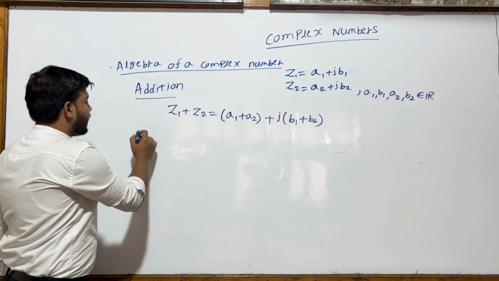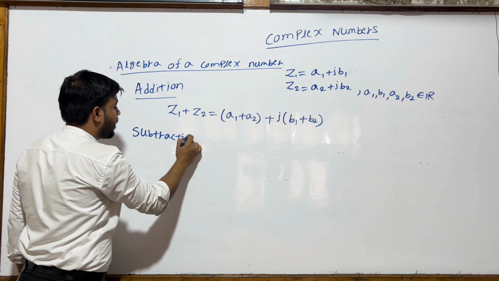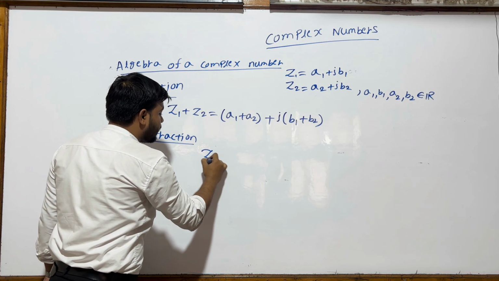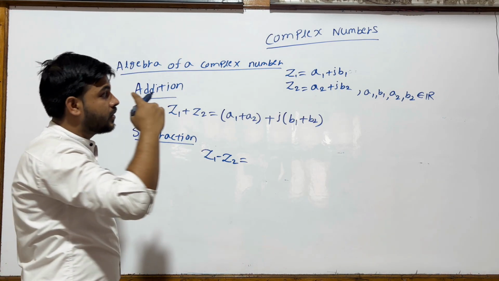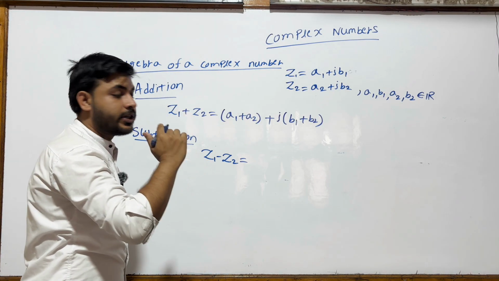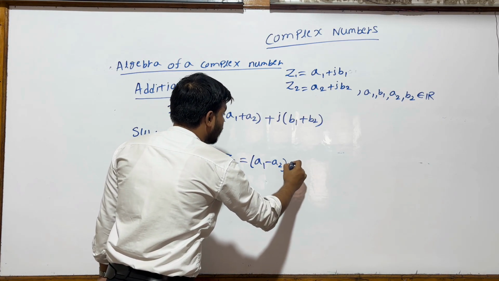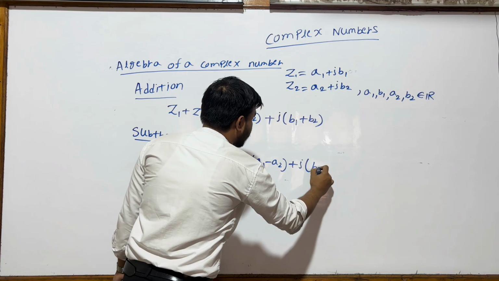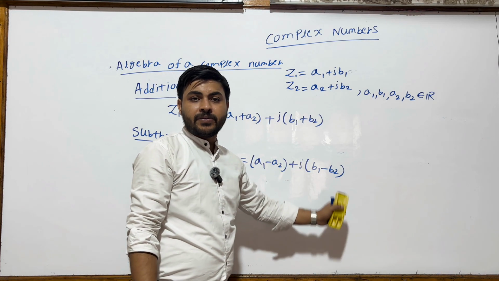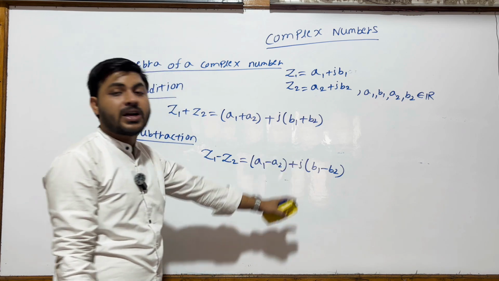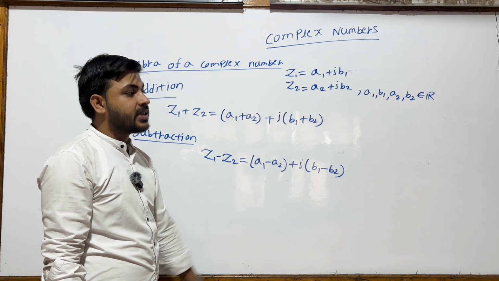Next, subtraction. What is z1 minus z2? We need to subtract z2 from z1. What will we get? a1 minus a2 plus i into b1 minus b2. It is also in the form a plus ib. So z1 minus z2 is also a complex number.